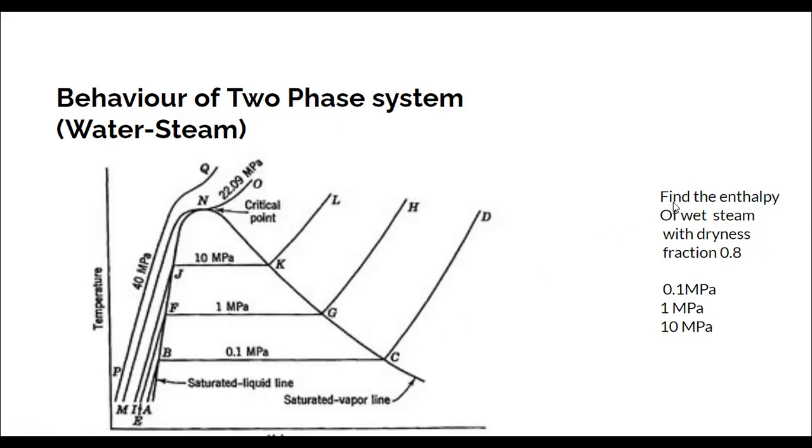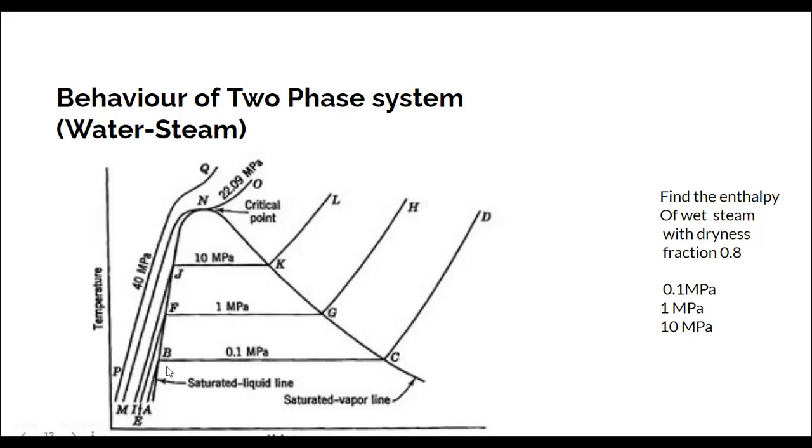So let us take one problem where we want to find the enthalpy of wet steam with dryness fraction 0.8 and the pressure, let us say, 0.1 megapascal. It means that in the steam table we have to look for 0.1 megapascal, and because the dryness fraction is given as 0.8, it would be somewhere over here. So in that case, how do you find the properties? For that, we need to use a formula like hf plus x into hfg.